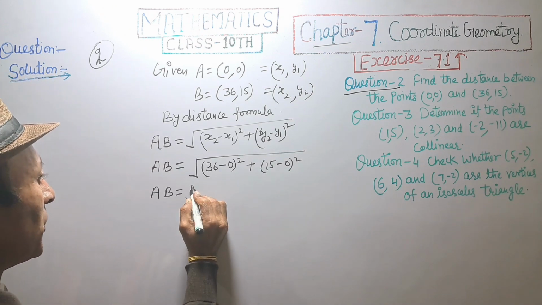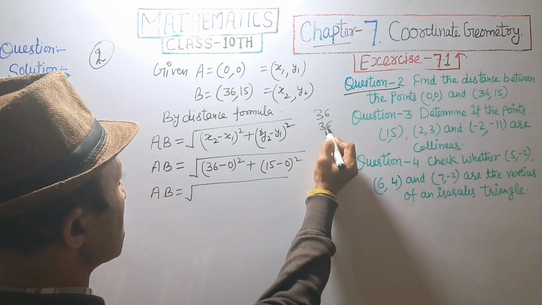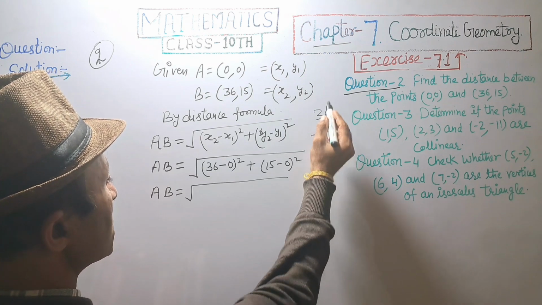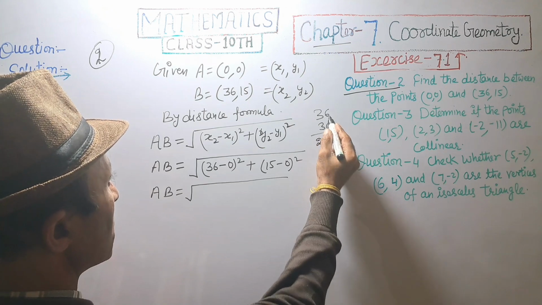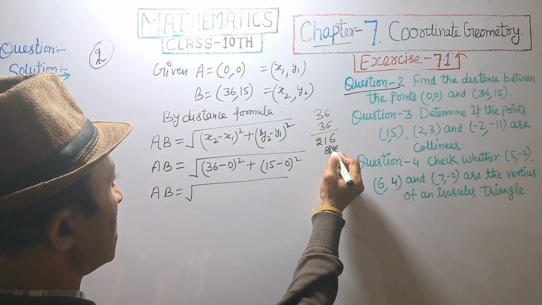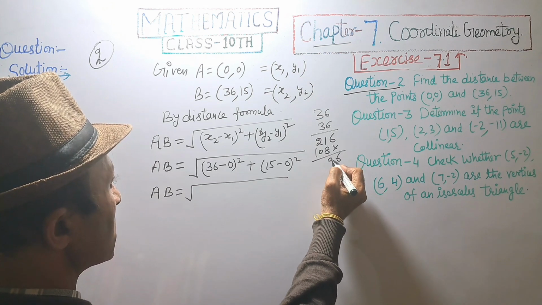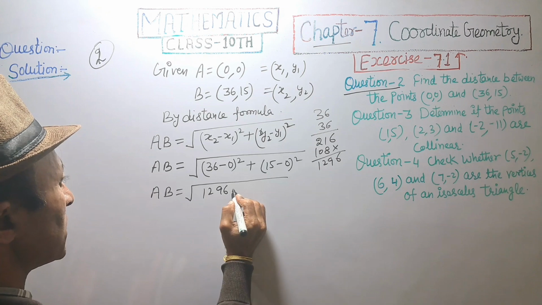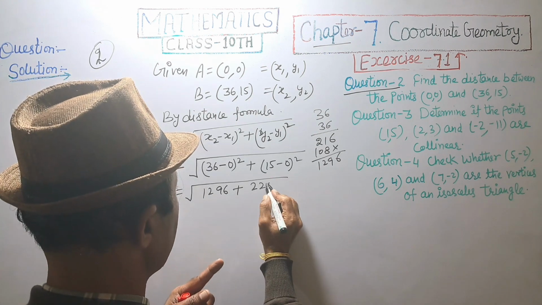AB is equal to the square root of 36 into 36. 6 6s are 36, 6 3s are 18, 21. 6 3s are 18, 3 3s are 9, 10. That is 1296, plus 15 15s are 225.